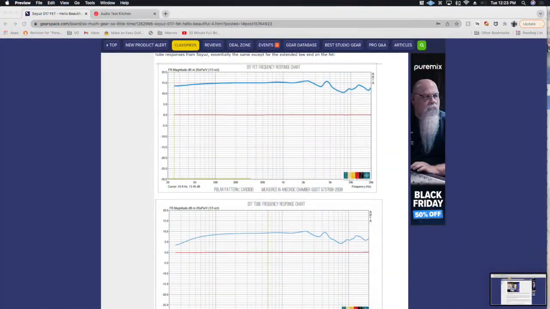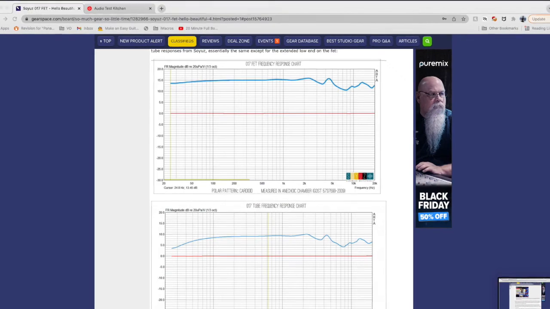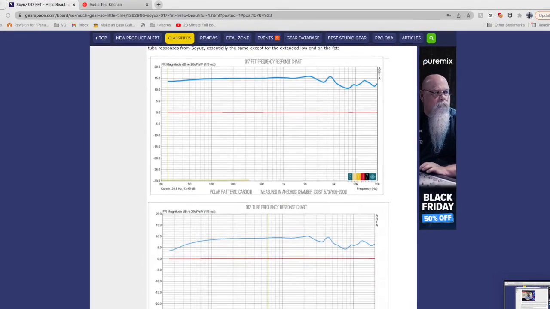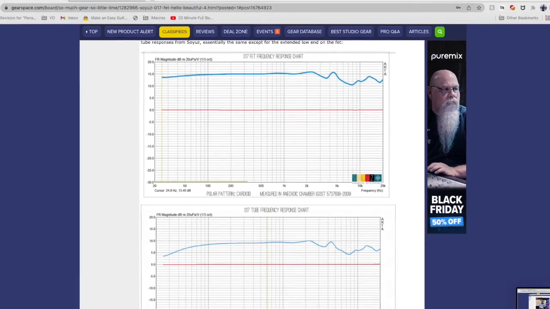And then I look at the plotting that EARLEVEL had posted, Soyuz's own graphs for the FET and the tube, 017 FET, 017 tube. And if you'll notice, they're practically identical except for a low-end, high-frequency pass.